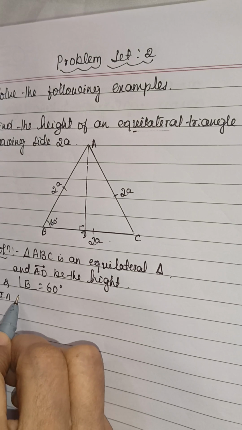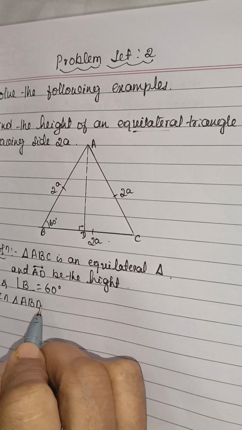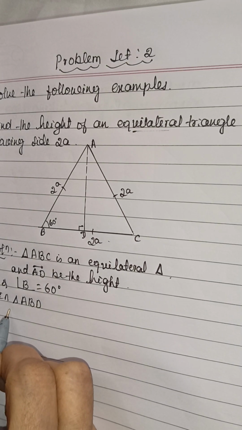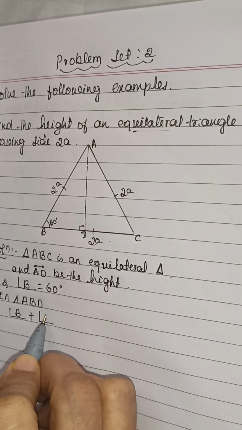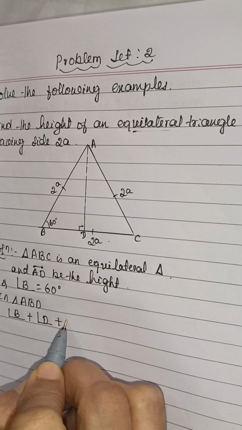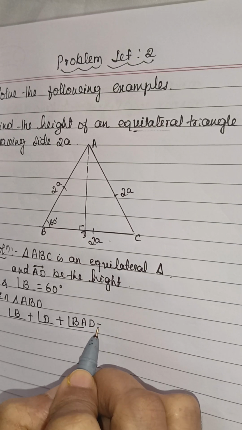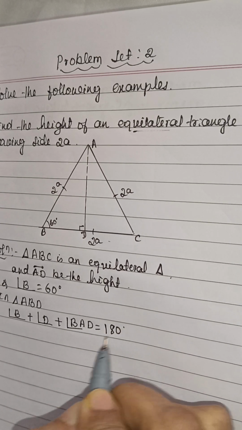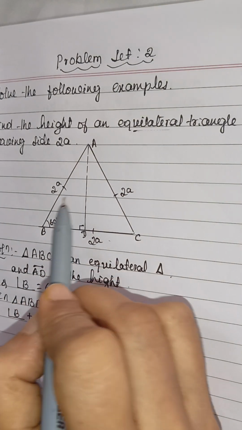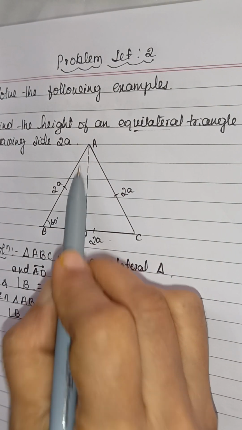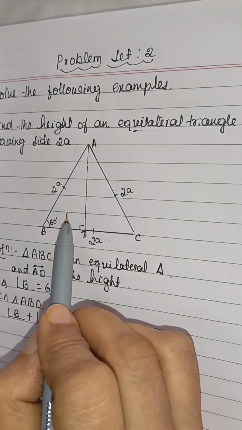In triangle ABD, angle B plus angle D plus angle BAD is 180 degrees, because the sum of the angles of a triangle is 180 degrees.